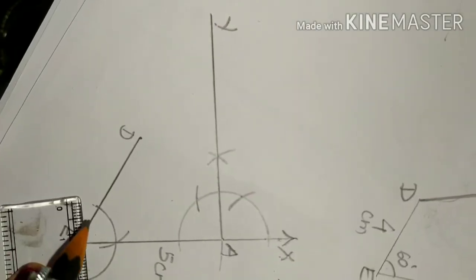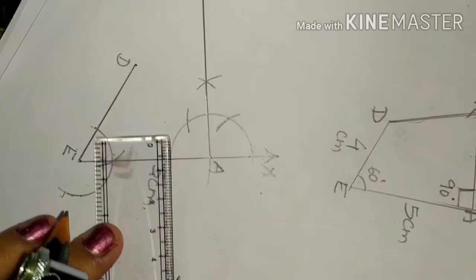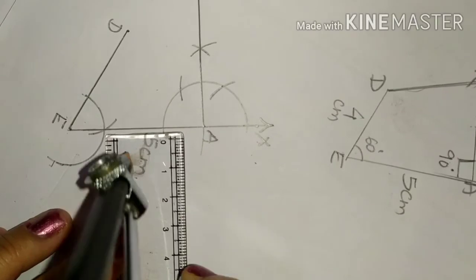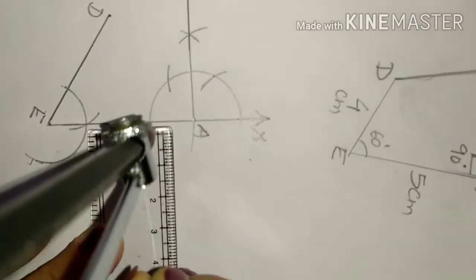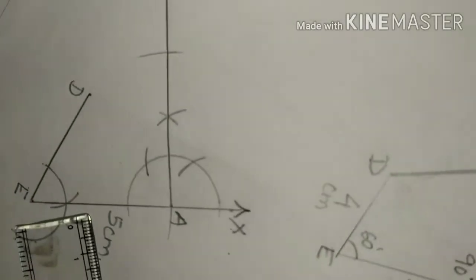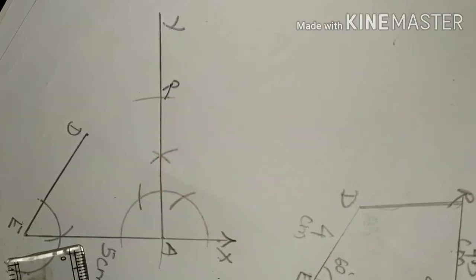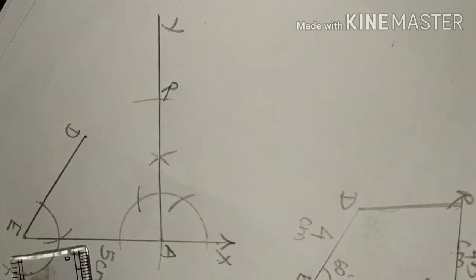From A we have to take 4.5 centimeter. So again take the measurement of 4.5 centimeter with the help of rounder, and this 4.5 centimeter arc we will draw from point A, taking point A as center. So this will be point R now. Now we will rotate the figure.